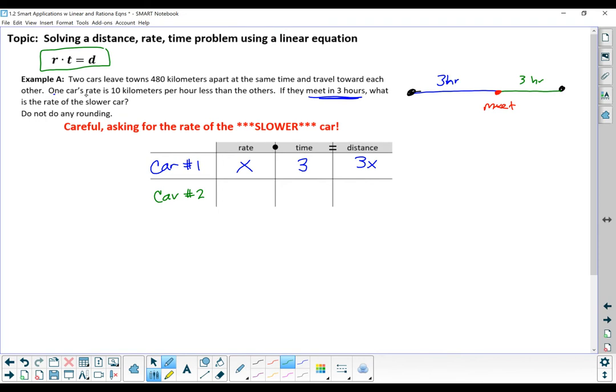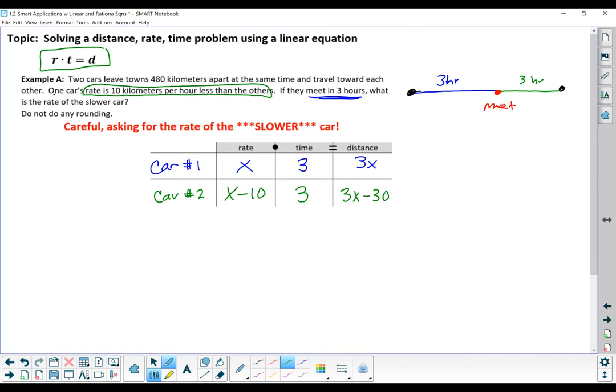The speed of the second car is 10 kilometers per hour less than the other speed, so I'm going to call this x minus 10. And again, it also travels for 3 hours. So the distance that car travels, if we multiply these two things together, and this is a binomial, so we would need to distribute that 3, will be 3x minus 30.